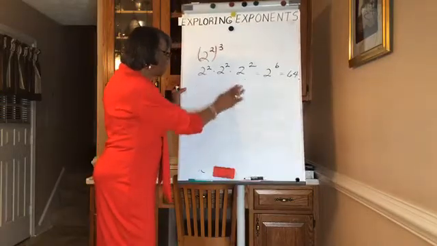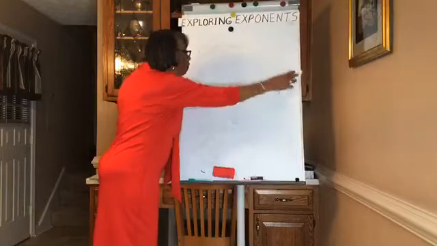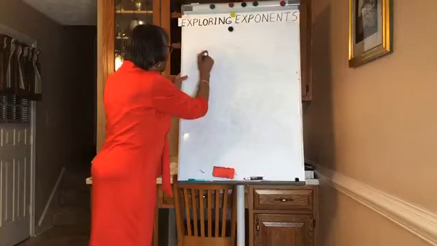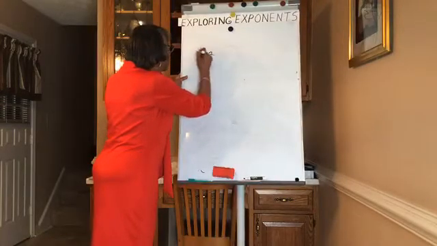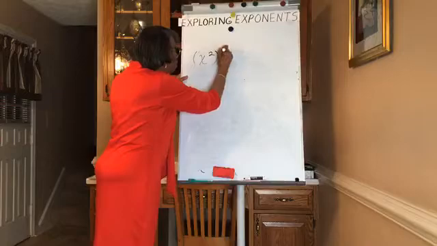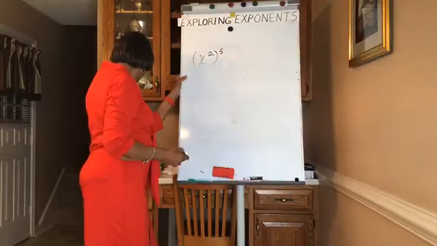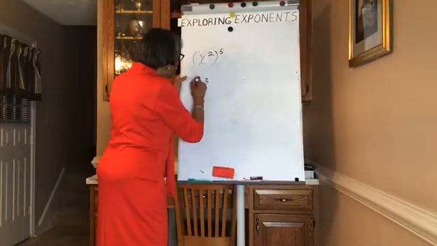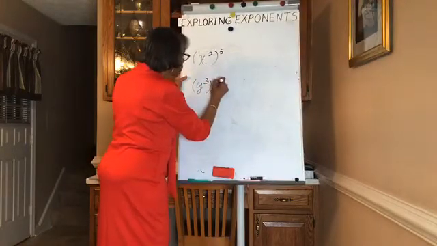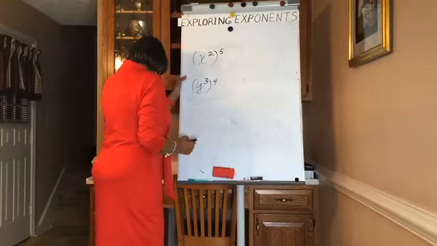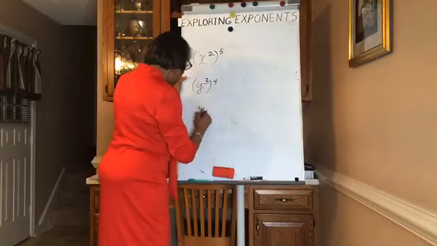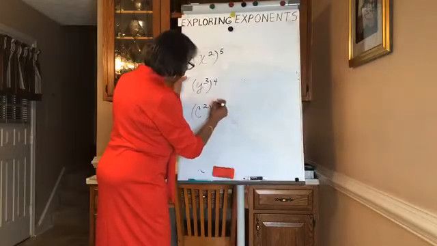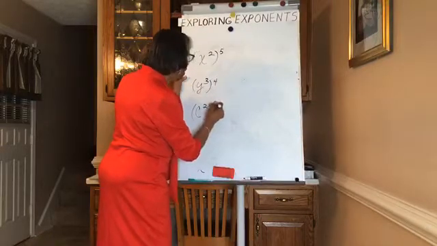All right, so now I'm going to use some variables. So let's start out with our favorite variable, x all the time. X squared raised to the 5th power. All right, let's do y cubed, y to the 3rd power, in other words, raised to the 4th power. And let's do c to the 2nd power, raised to the 5th power.